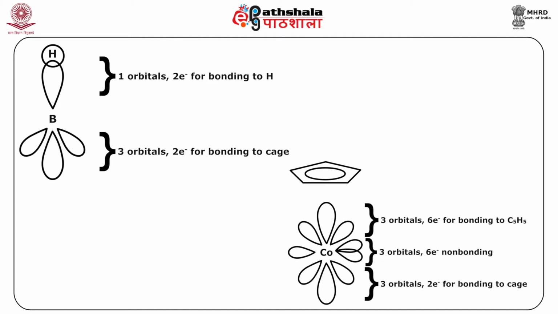Counting electrons in such complexes, the bonding arrangement of cobalt to the Cp ring requires 6 electrons. 6 electrons are non-bonding and 2 electrons are available for cage bonding, and hence the CoCp fragment is isolobal with the BH unit in a borane framework.